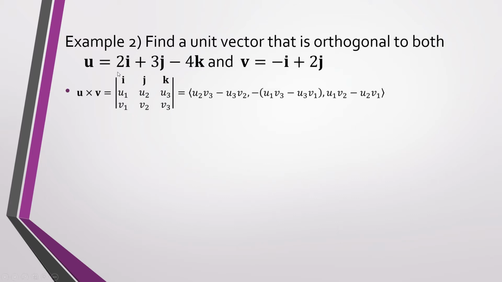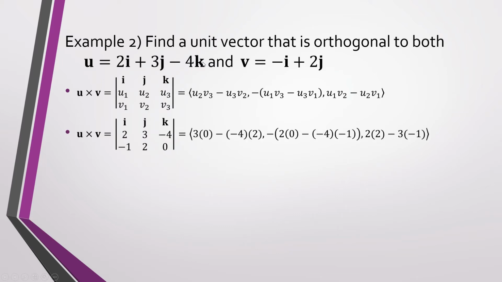So if we put in our x, y, and z components, we have 2, 3, and negative 4 for our vector u. We have negative 1, 2, and since there wasn't a k component, 0 for our z component in our vector v. So now if we find our cross product, for our x component, ignore the x column. Product of the first diagonal, 3 times 0, minus second diagonal, negative 4 times 2.